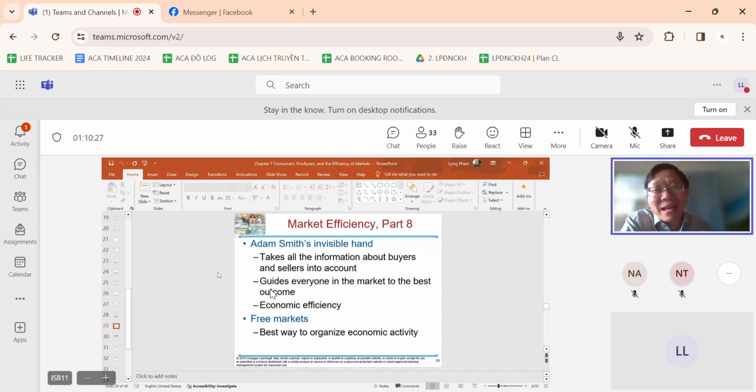Just like Marx, you know Marx already? Yes, we know. Marx, Lenin, Mao Zedong. Different from this, they favored a central planning economy. The Soviet system, the Chinese system.